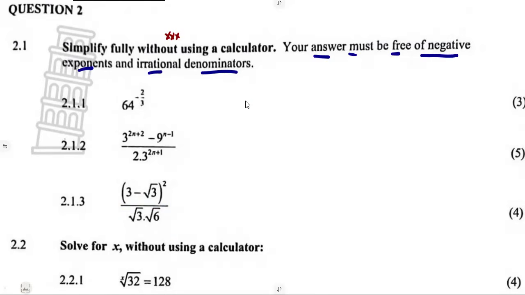So let us consider, guys, the first part, which is 2.11, that is 64 to the exponent of minus 2 over 3 for 3 marks. Let's see how you're supposed to attempt this question. If we are to consider the exponents, try by all means to work with prime numbers.